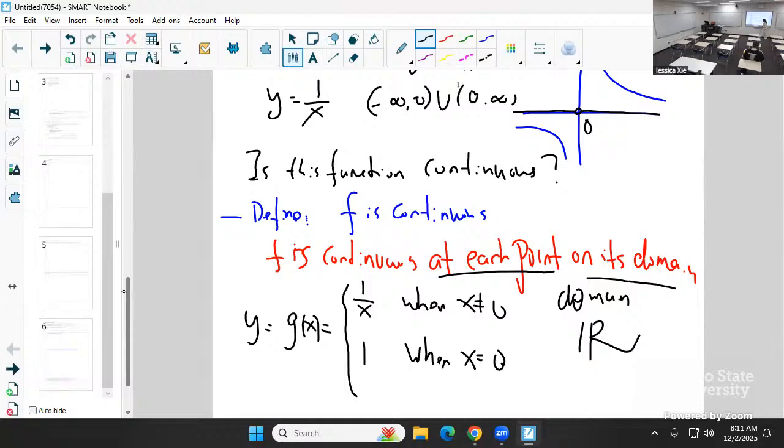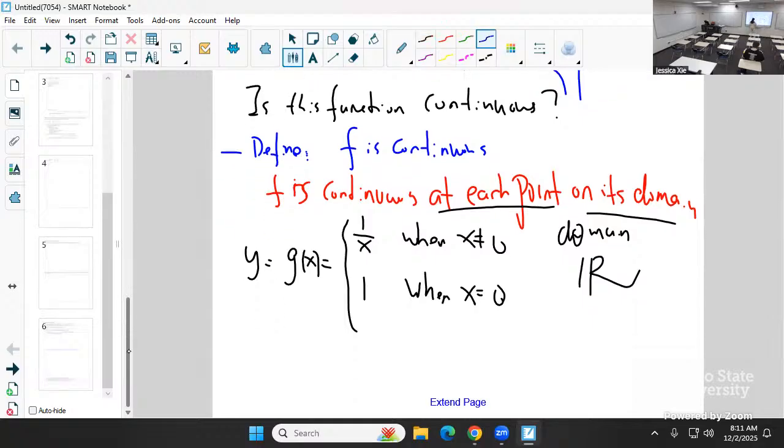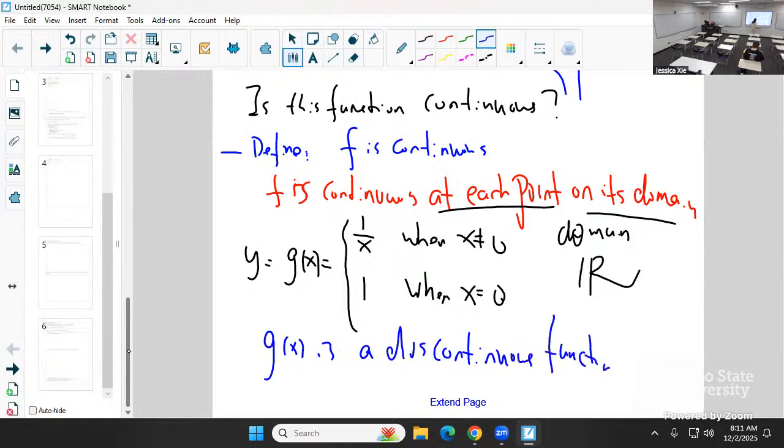According to the definition, is this g of x a continuous function? No, because even though it's continuous at any non-zero point, it is discontinuous at zero. Here, 0 does belong to the domain of all real numbers, right?